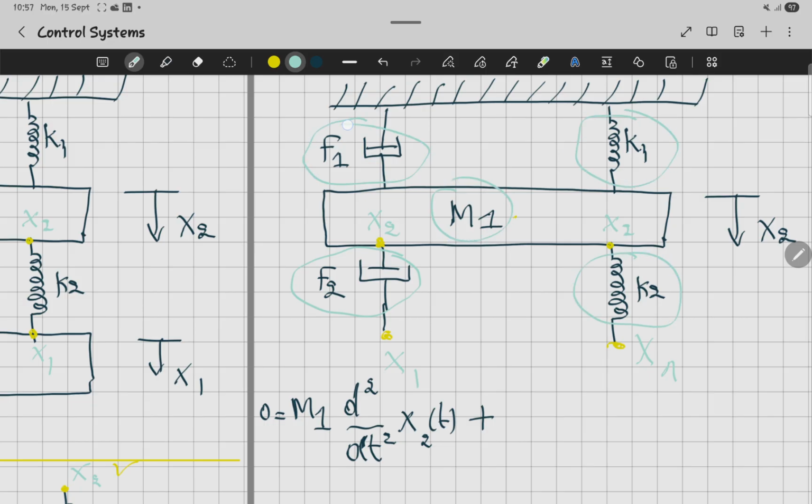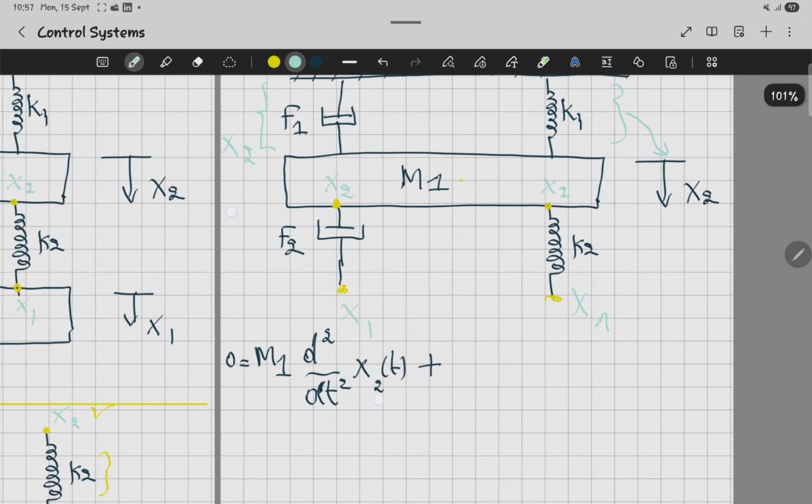We start with m, then we write down f2, because this one is a function of x2. There's no other mass connected to those components, only one mass connected to this component, which means even this one is based on x2.